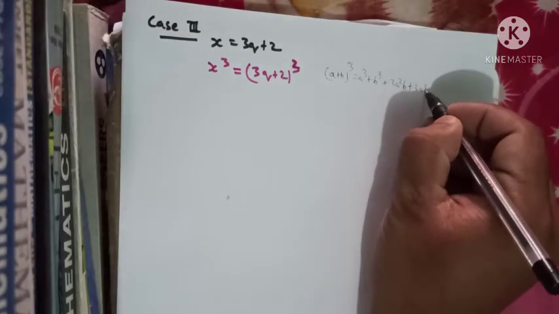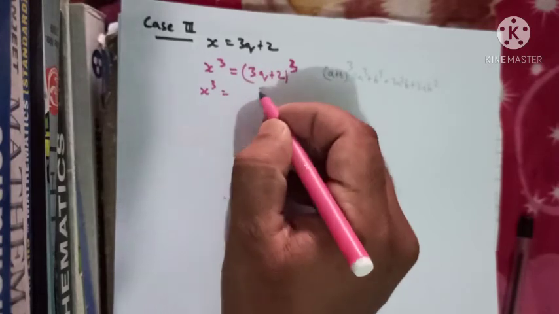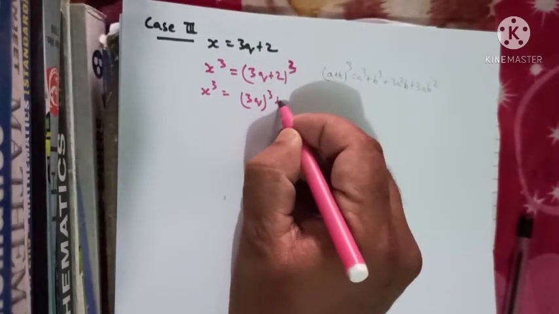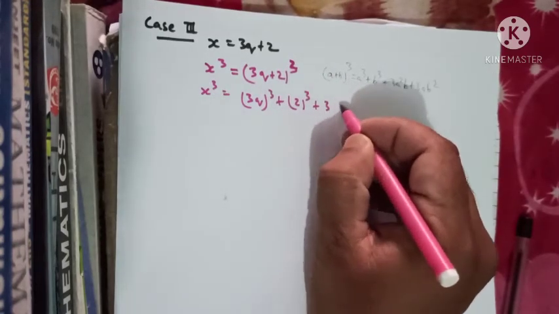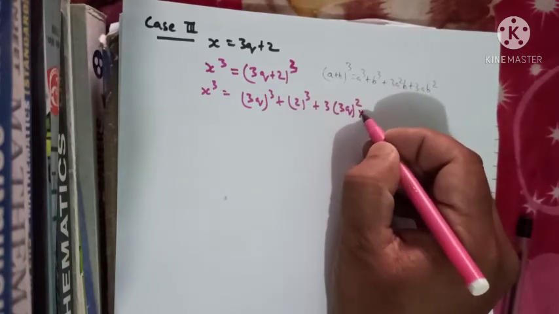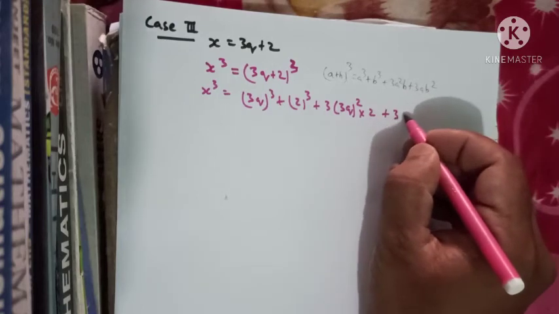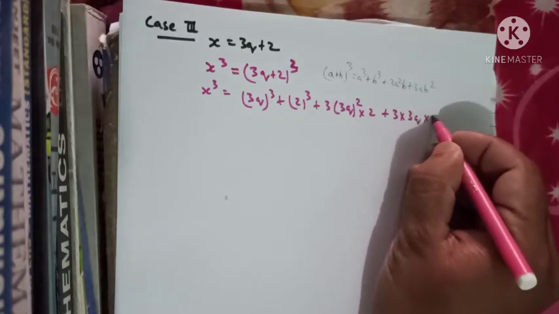So x cube will be equal to a cube, that is cube of 3q, plus b cube, that is cube of 2, plus 3 times a square, that is 3q whole square, times b, that is 2, plus 3 times ab square, that is 3 into 3q into 2 square.